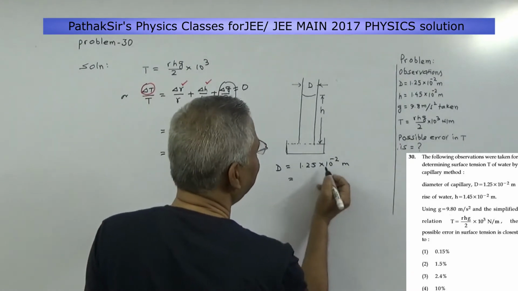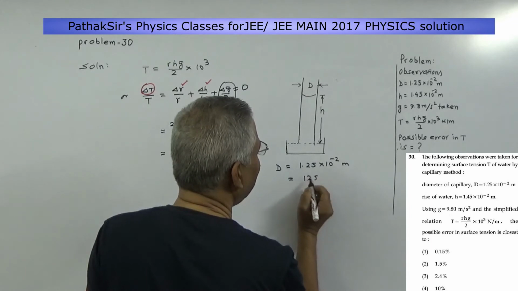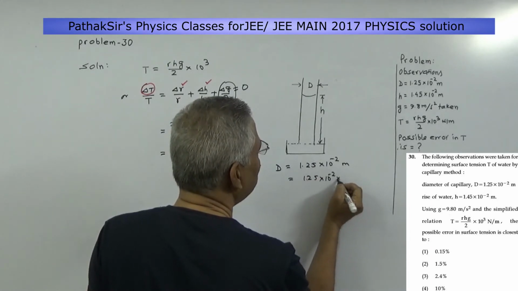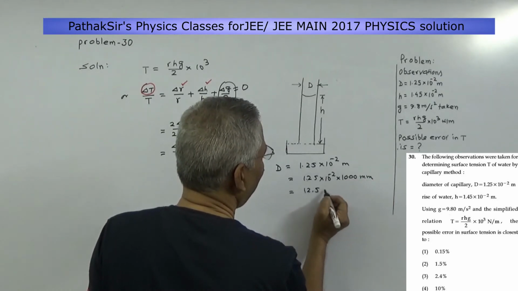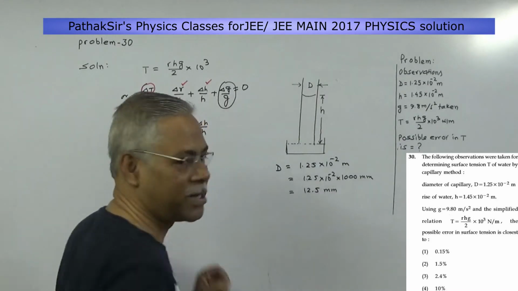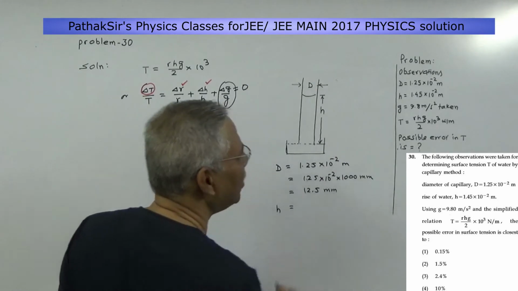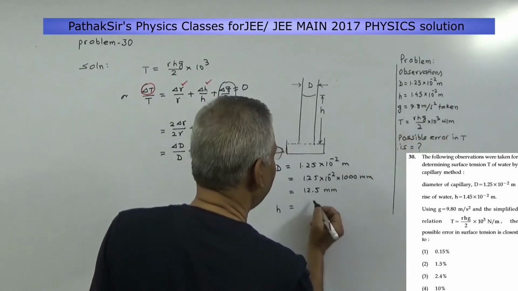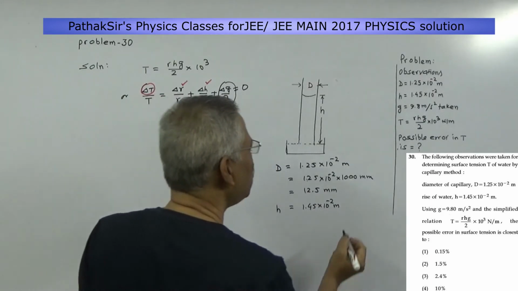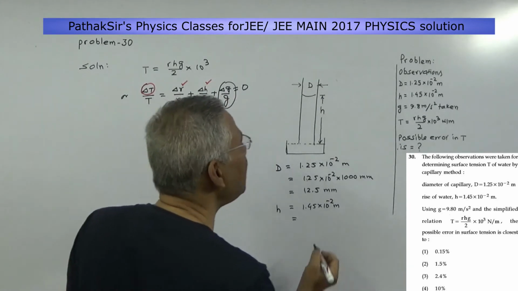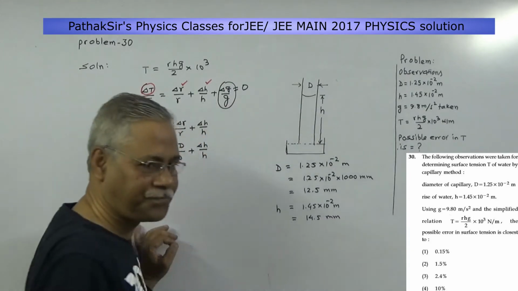This is 1.25 into 10 to the power minus 2 into 1000 millimeter, equal to 12.5 millimeter. I will also write the value of h. h equal to 1.45 into 10 to the power minus 2 meter. When this is converted to millimeter, this becomes 14.5 millimeter.